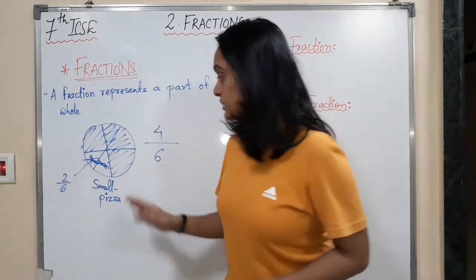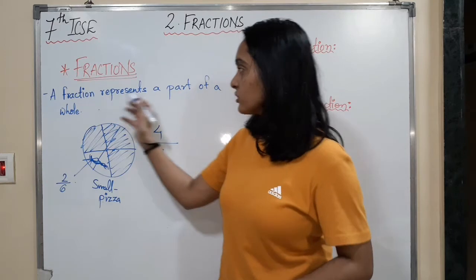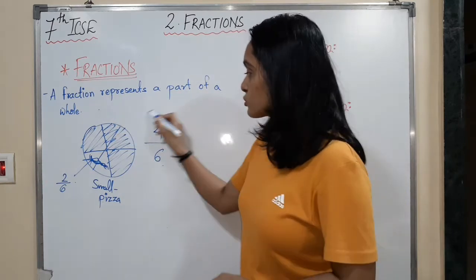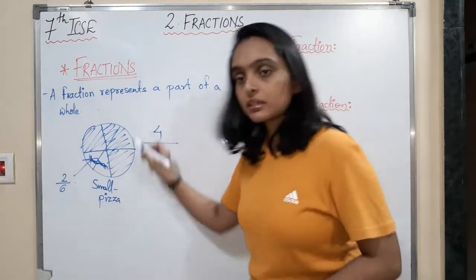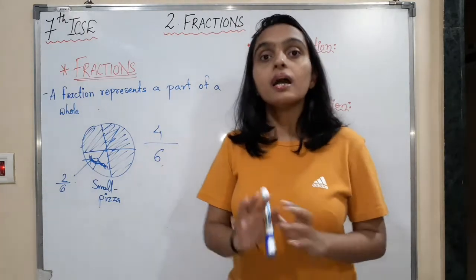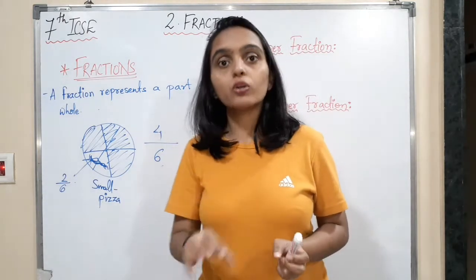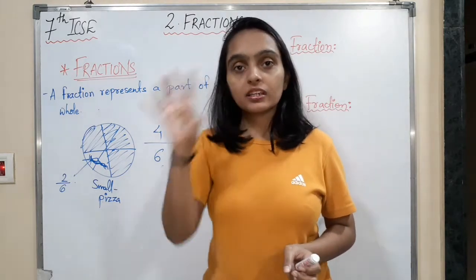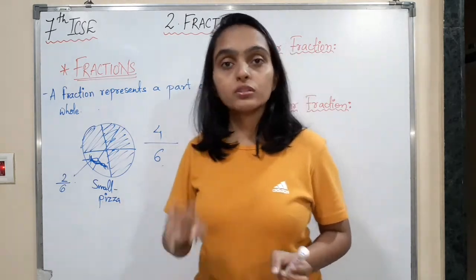So this means that a fraction represents a part of the whole. For the whole pizza, some parts are represented. So 4 upon 6 means there are total 6 pieces, and out of 6, 4 pieces are considered as 4 upon 6.